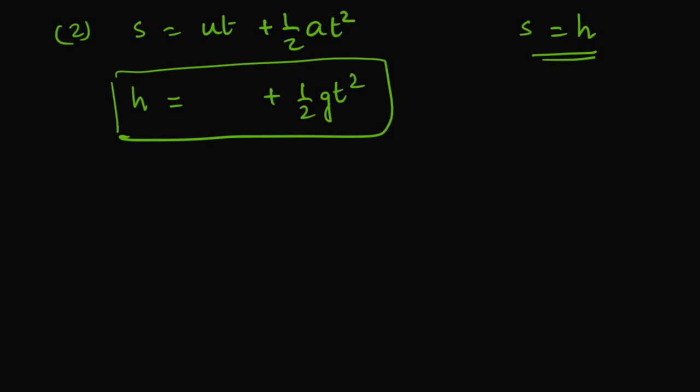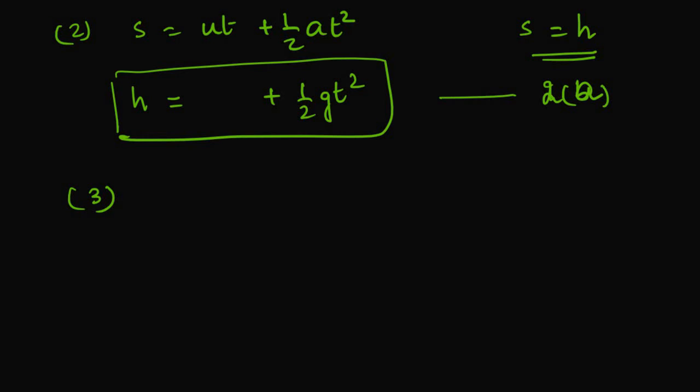So the formula will be h equals half gt square. That means the height is dependent upon the gravity as well as the square of the time. So this is 1b. Sorry, it will be 2a, depending upon our case study.